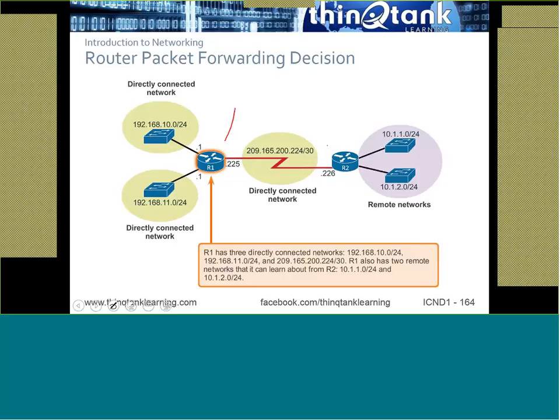So let's say I've got router 1, and you guys are going to be doing this, so it's very important that you follow along on this, but I've got router 1 here. I pull it out of the box. What's my first task? Well, my first task is to configure an IP address on each of those interfaces, and then to turn those interfaces on.